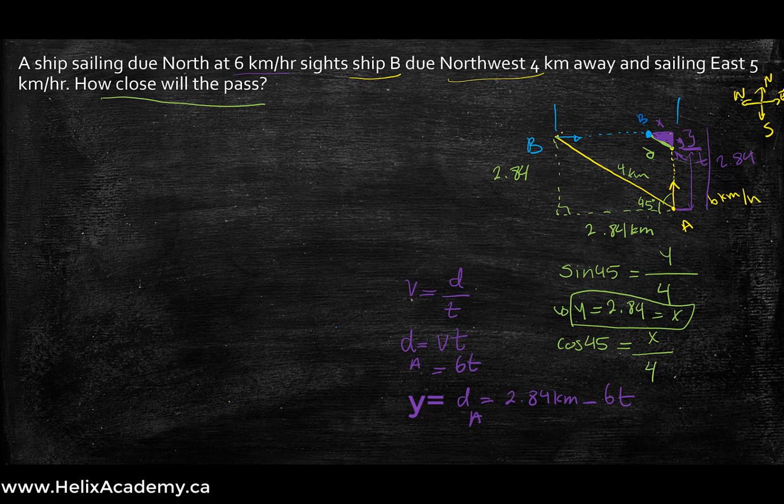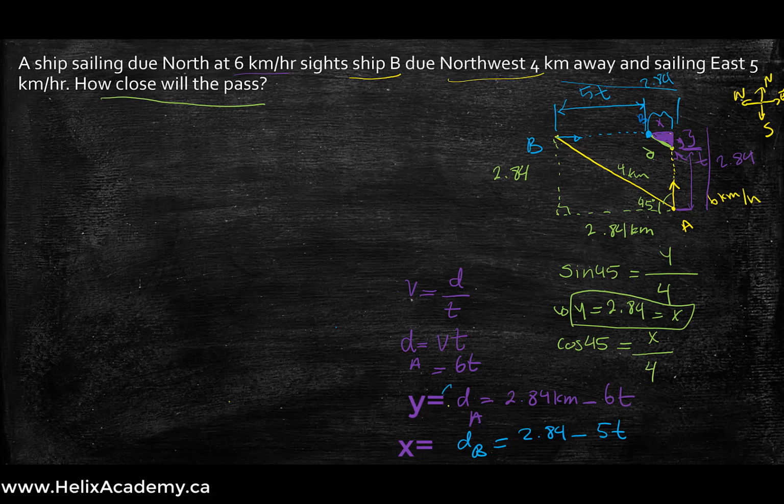The distance that ship B would travel from here to here is going to be 5 kilometers times t, and the distance from here to here is 2.84. So this x purple part here, which is the distance that ship B has traveled, is going to be equal to 2.84 minus the 5t.